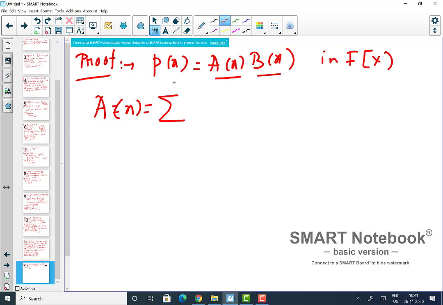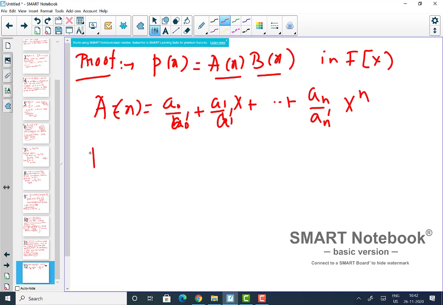Let me write it another way, then it will be easier. I can write a0 by a0 dash plus a1 by a1 dash x, and so on up to an by an dash x power n.